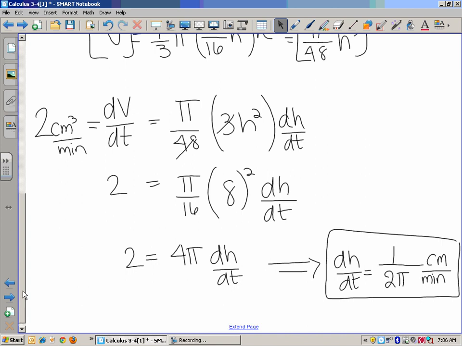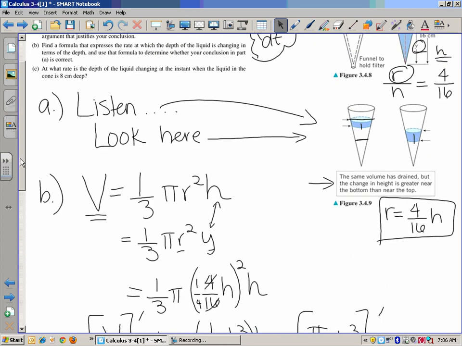So important things from this problem. Two steps, super important. The first thing we had to do was relate radius to height, because that becomes super important, so that I can make a substitution. In this equation, I have 2 unknowns. I have to have a second equation to make that substitution.